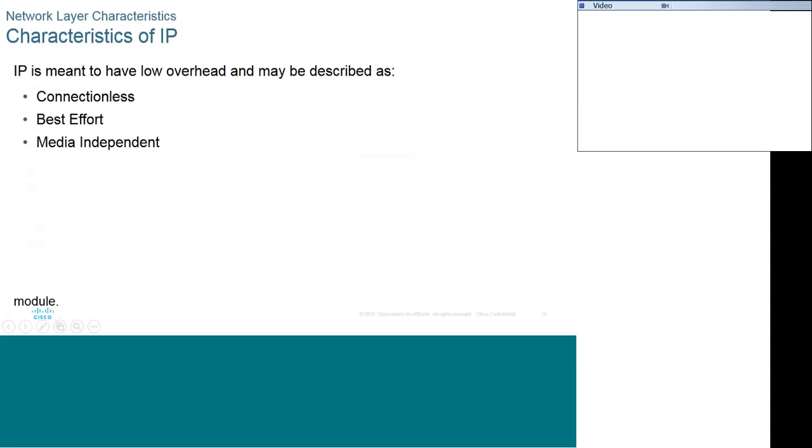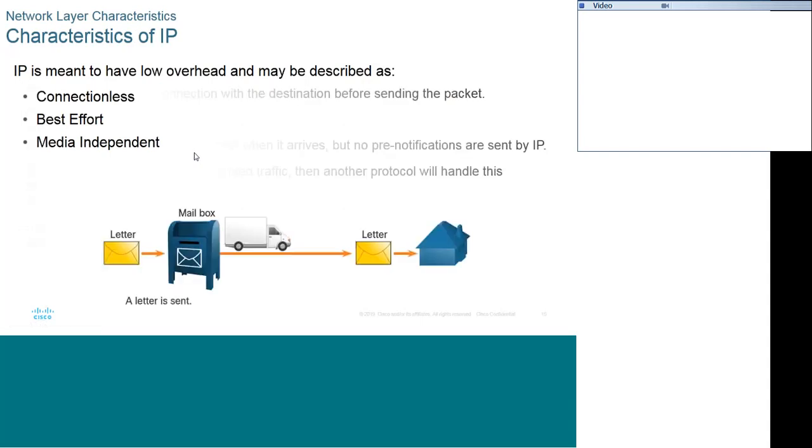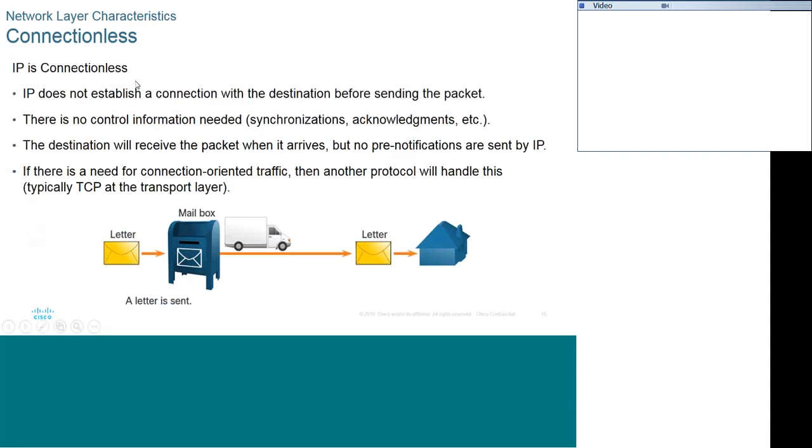The characteristics of the Internet Protocol, IP, are that it is connectionless, best effort, and media independent. We will see what each one means. IP connectionless means it does not establish a connection with the destination before sending the packet. It's like sending a letter.